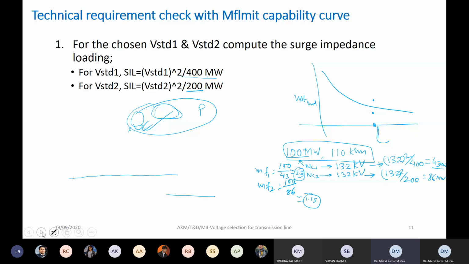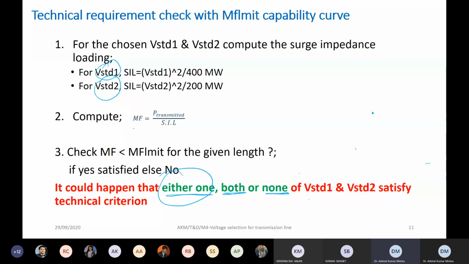I hope you are happy, as students, that if this were the case, we do not have the burden, because we have calculated two standard voltages. We have to finally choose one between these two, and if one passes the technical requirement and the other fails, it will be very easy.